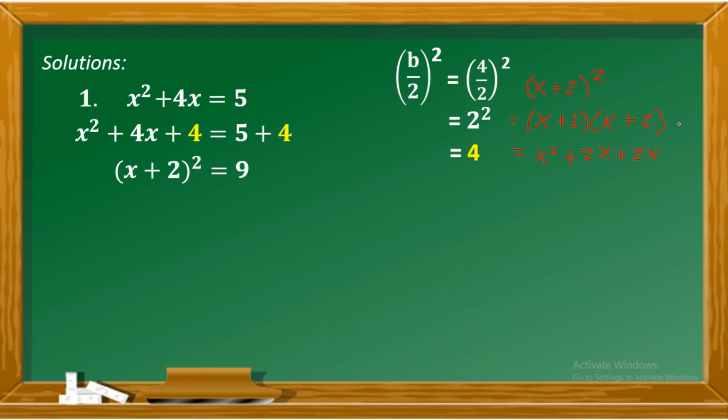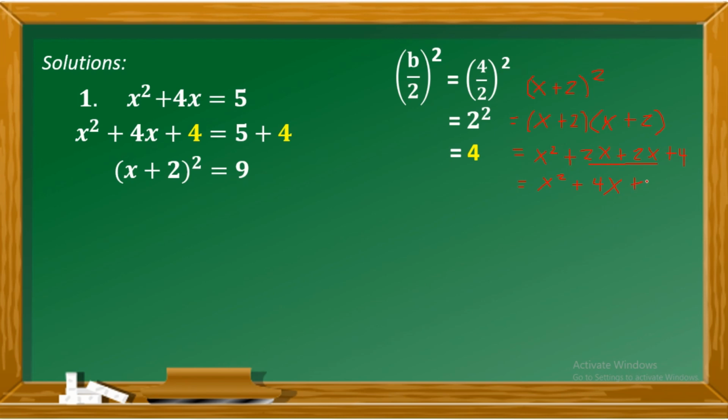And then 2 times 2, we have positive 4. Tapos, 2x and 2x, pwede pa siyang i-combine, magiging 4x. So, x squared plus 4x plus 4. Pinapakita ko lang sa inyo yung factor, sana tama siya.